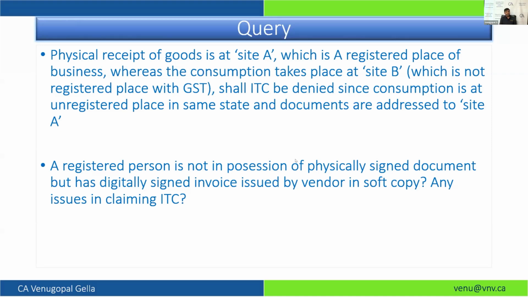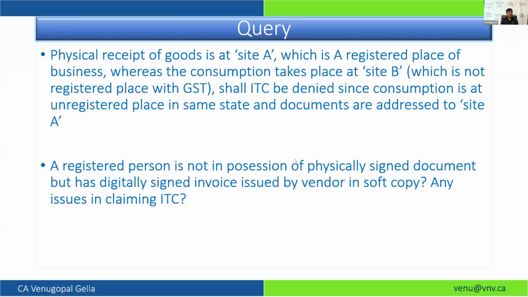Hello. Okay. So now the question that also comes up is what are the documents that need to be there? Whether the physical documents and things, considering Rule 36 from the recipient perspective, you can also take the credit if you have a document which is sufficiently showing all the information.